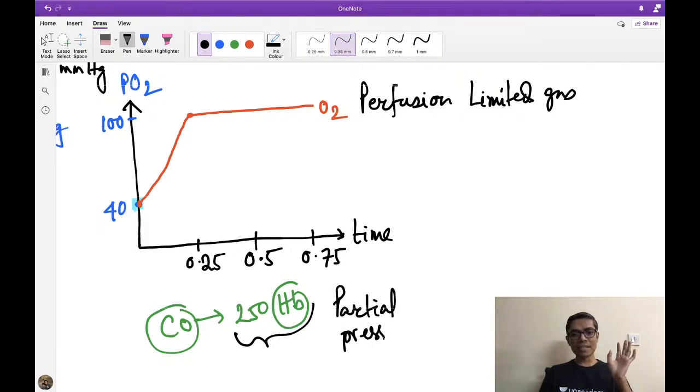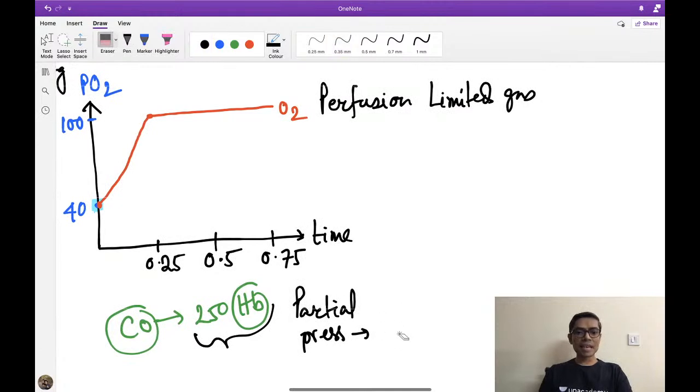The partial pressure of a gas is exerted by the dissolved portion of the gas. If the gas is combining with hemoglobin, then it will not exert partial pressure. So for oxygen, there will be some dissolved portion and some hemoglobin-bound portion, and the dissolved oxygen is responsible for the partial pressure of oxygen.